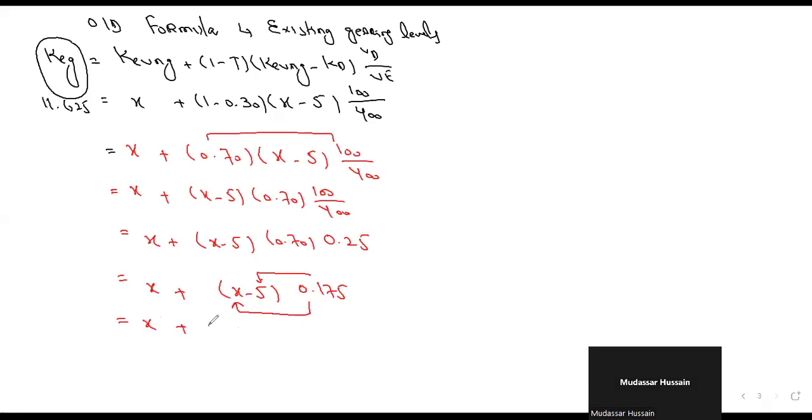So this will be 0.175x minus 0.175 multiplied by 5, which gives 0.875, and all here we are having 11.625.